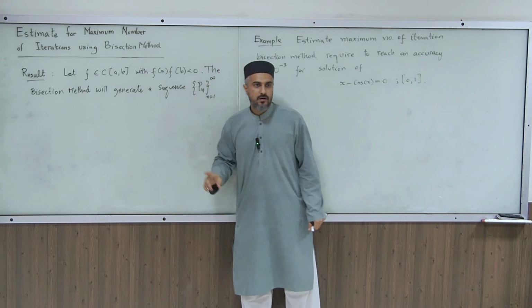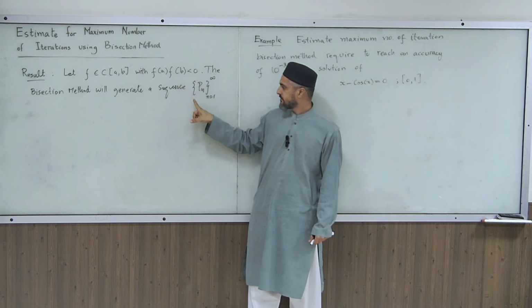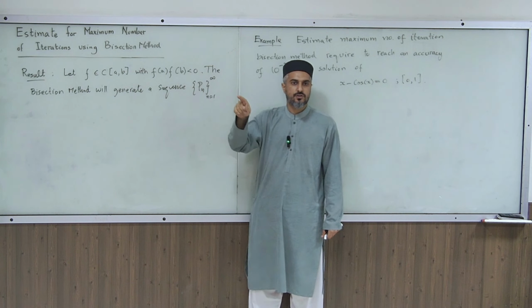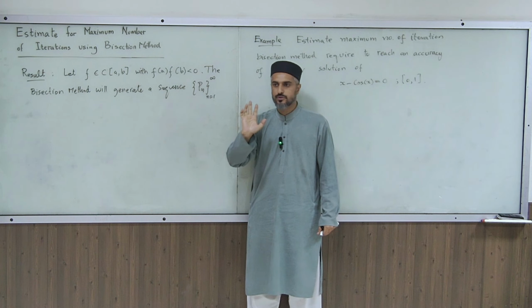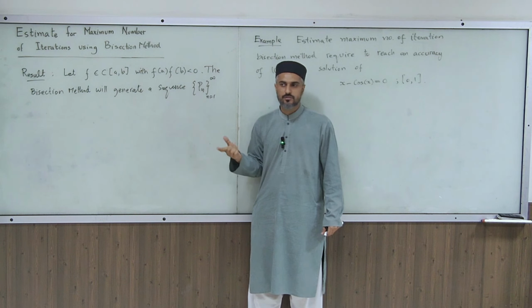Anyone know what this sequence is? It is a sequence of midpoints, because these p_n's are actually the midpoints of the intervals we will choose. Okay, so this is also called a sequence of midpoints.